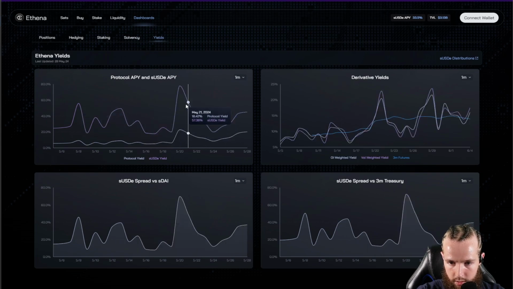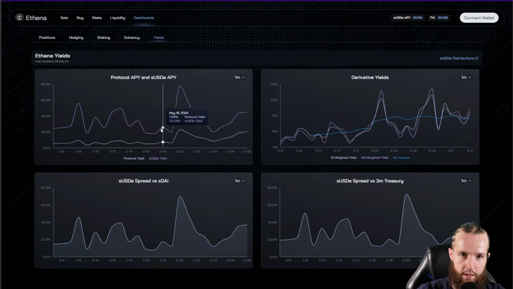So you can see the sUSDe yield peaked on May 20th at 77.85%. And this is, of course, due to the perpetuals positions and the spreads, as well as the funding rate of some of these perpetual exchanges that they're working with. It allows them to earn a much larger yield to give back to the holders of their stablecoin, or rather the stakers of the stablecoin.